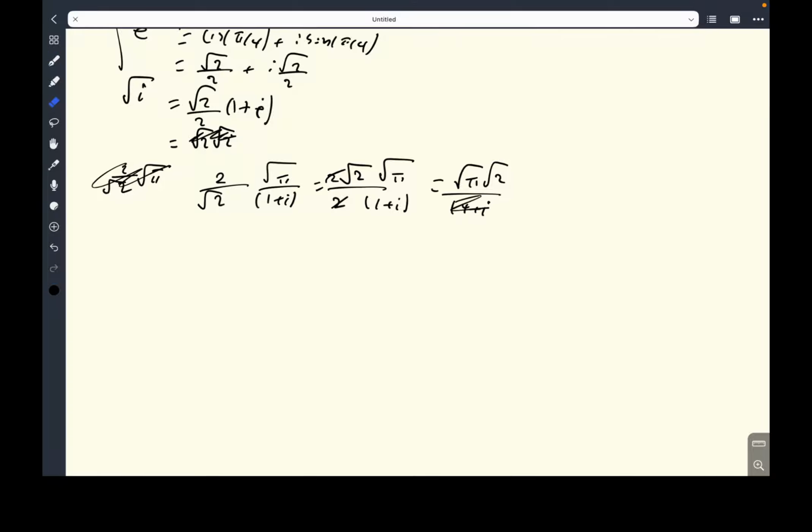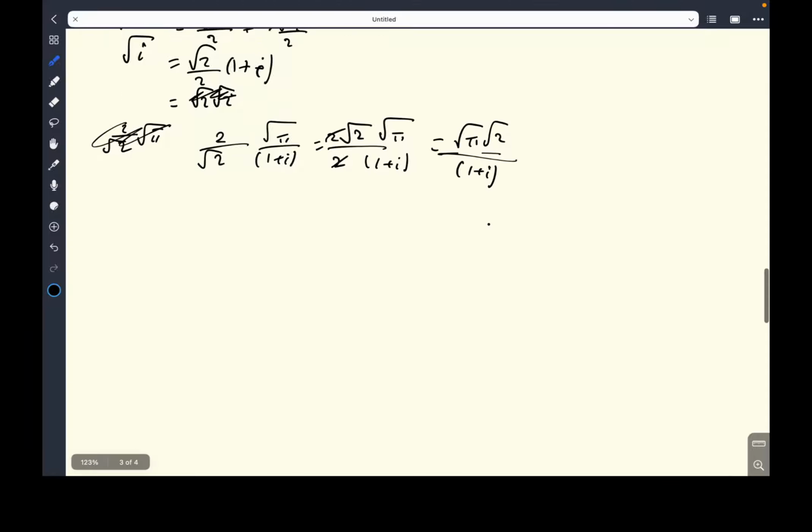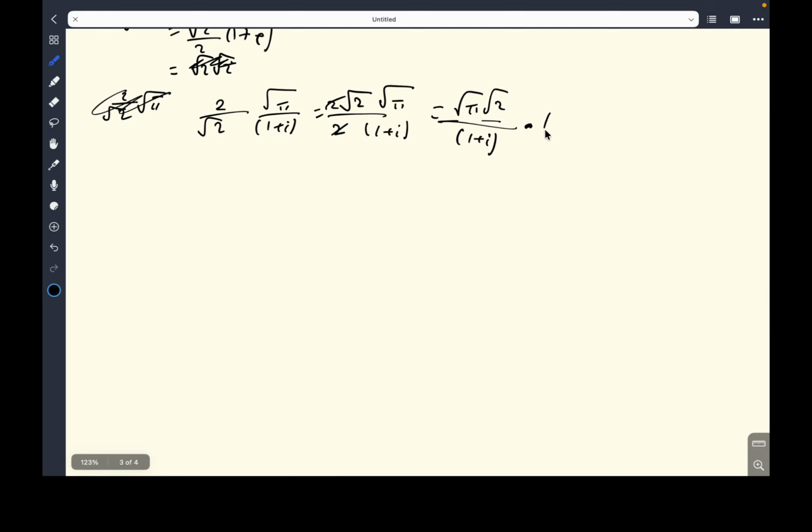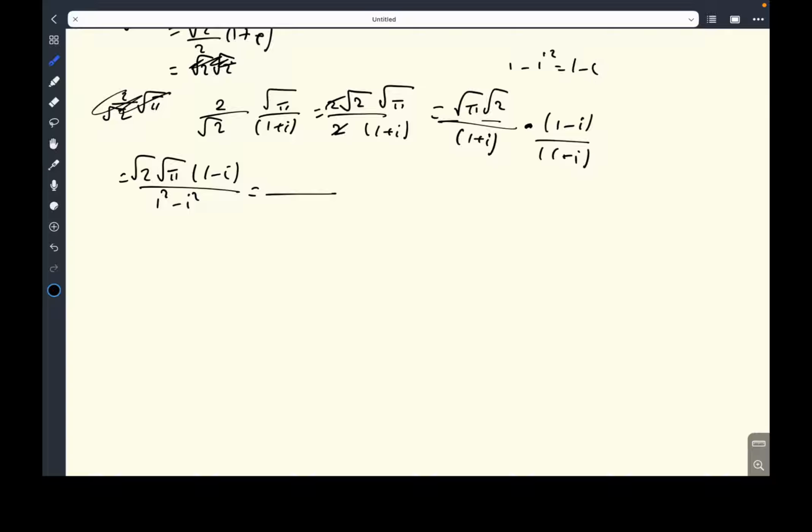Oops, let me correct it here. 1 plus i. Now, if I multiply both sides by the complex conjugate of the denominator, which is 1 minus i, I obtain the result that the denominator is 1 squared minus i squared, which is 1 minus negative 1, which is 2.